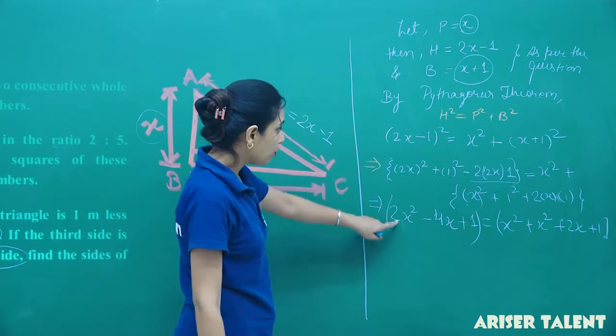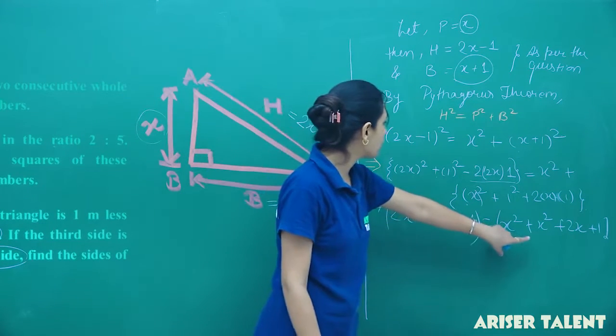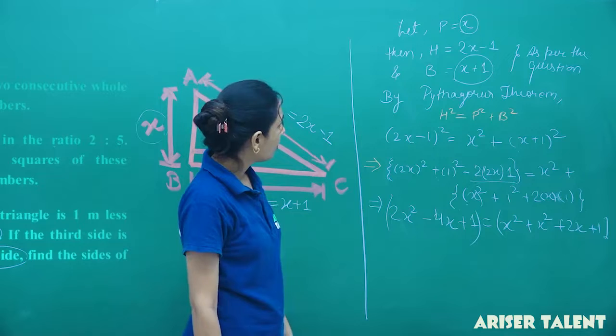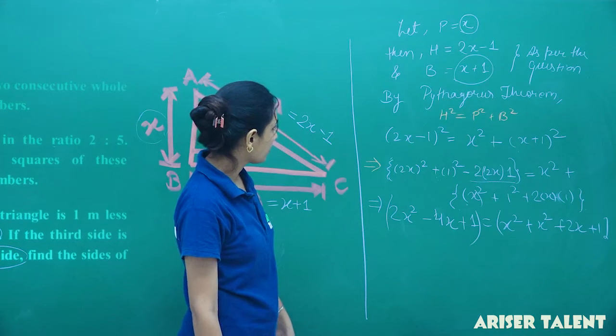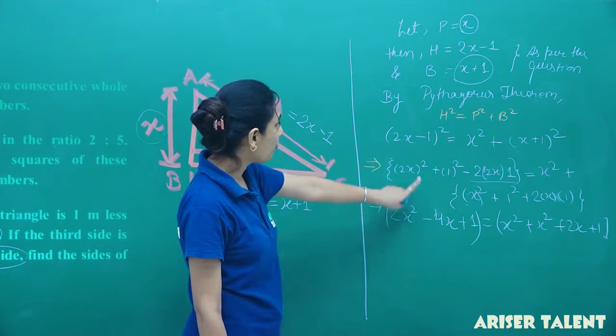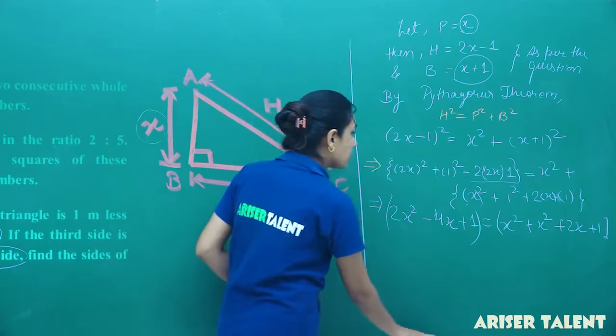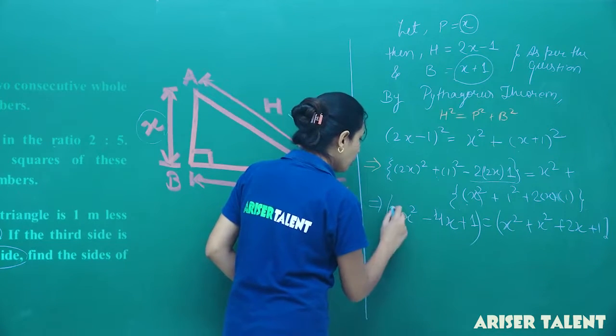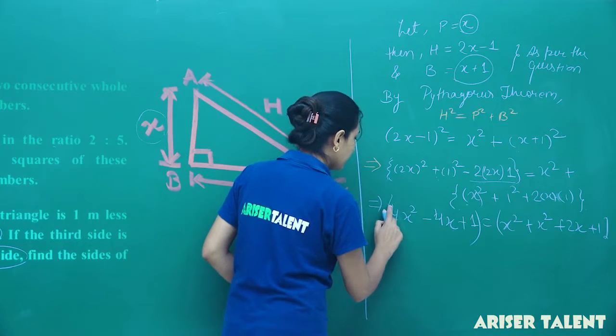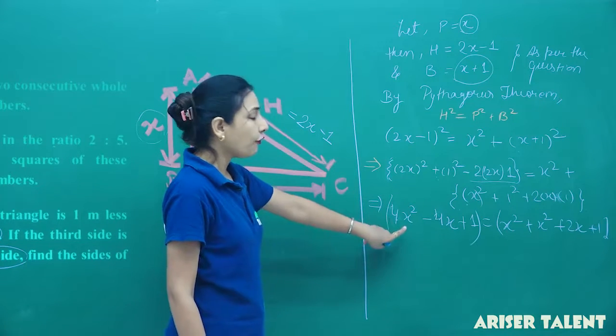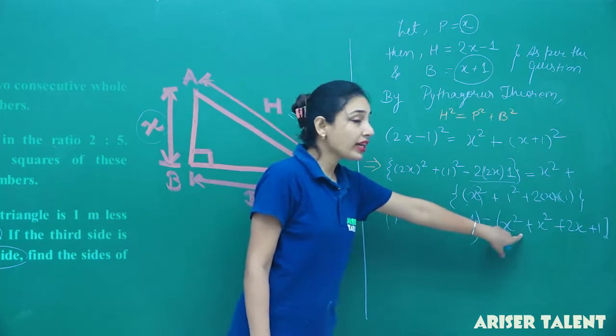Now 2x square and 2x square here, right or wrong? No, it's 4x square, students, correct it. This is 4x square.